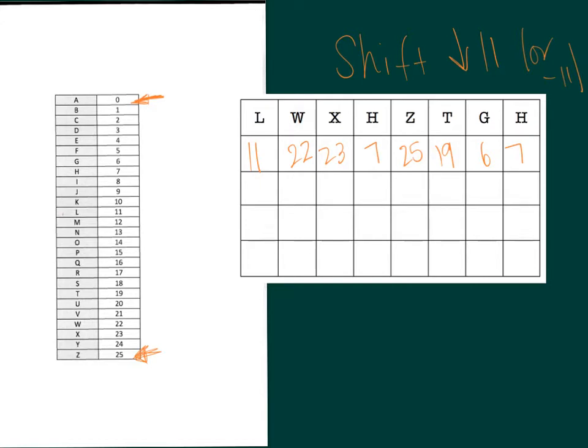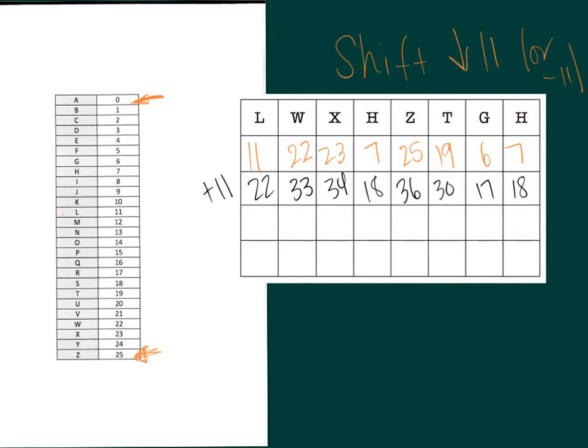Since the word we were given is gibberish, we know that it was shifted down 11 from our initial one. We're going to add 11 to everything that we have in the second row, just so that we can see. So we get 22, 33, 34, and so on.